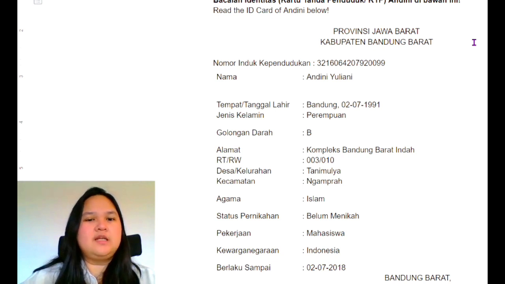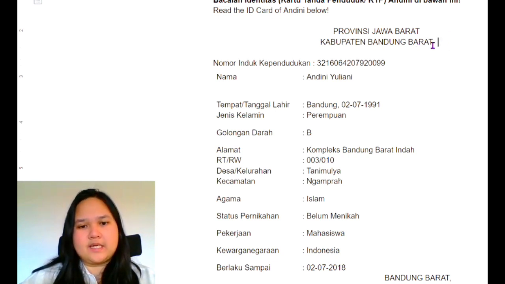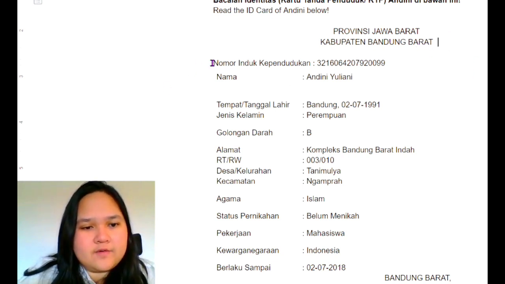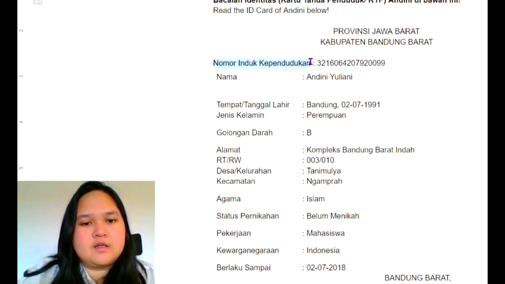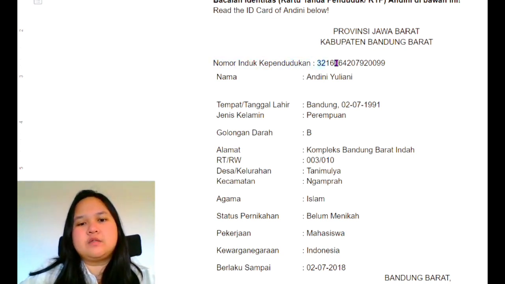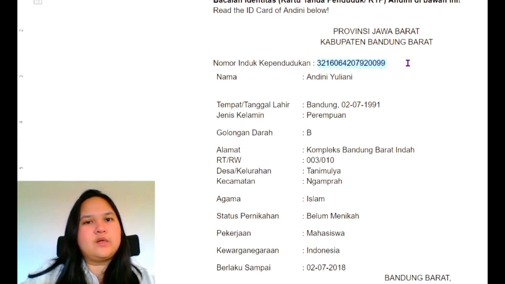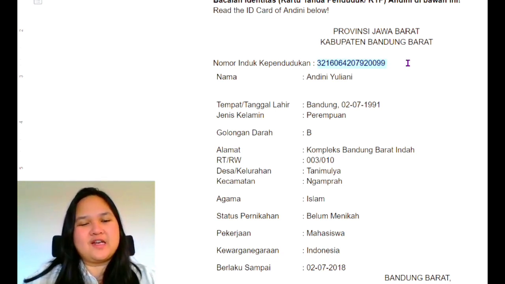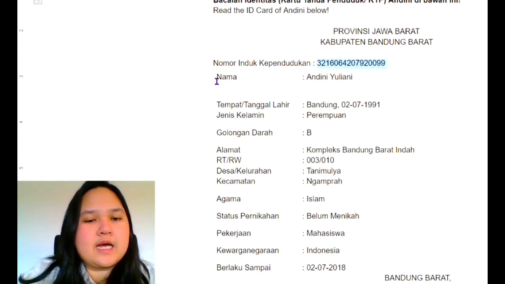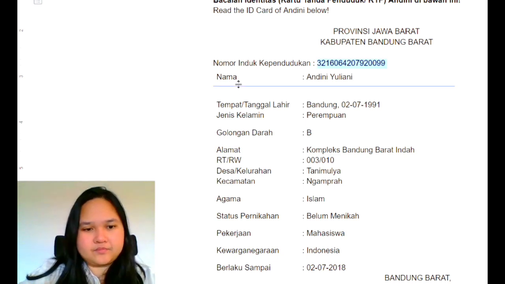I would say the county of Bandung Barat. And usually we have the ID number, which is so long. Usually no one really remembers the number of their ID card in Indonesia.